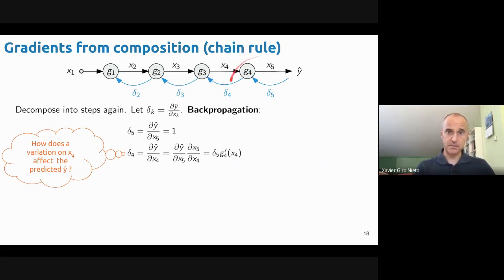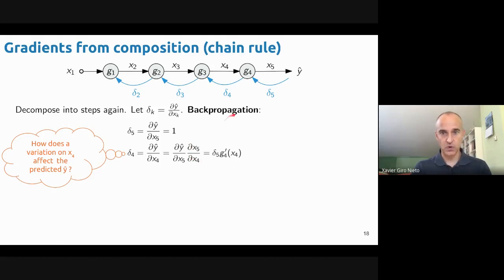Let's take one step backwards. Now things become more interesting, right? The question now is, if we want to compute delta 4, we want to know how the variation on x4 affects the predicted y hat. And now is when we apply the chain rule, because it tells us that this is the variation of y hat with respect to x5 multiplied by the variation of x5 with respect to x4.